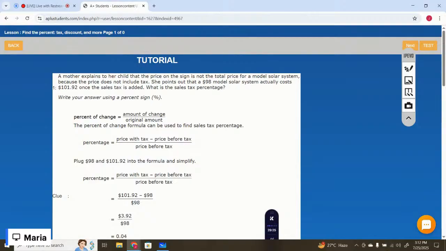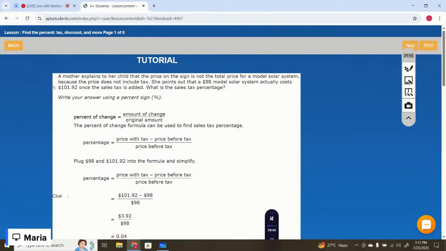She points out that the $98 model solar system actually costs 101.92 once the sales tax is added.